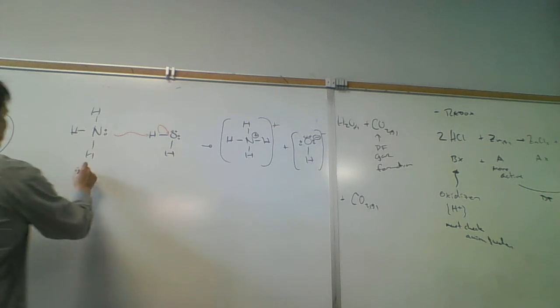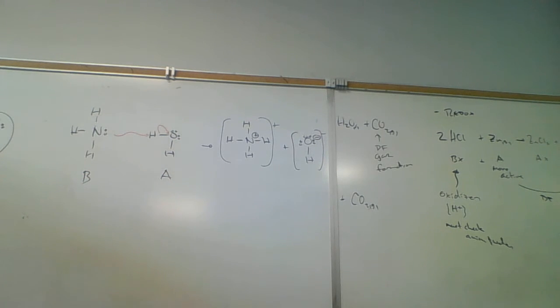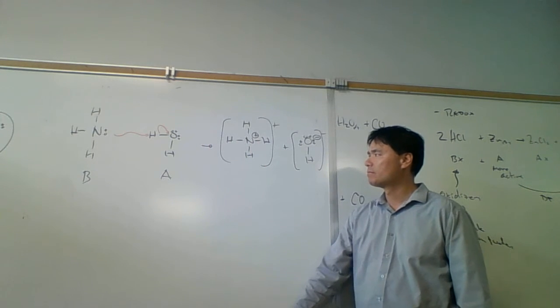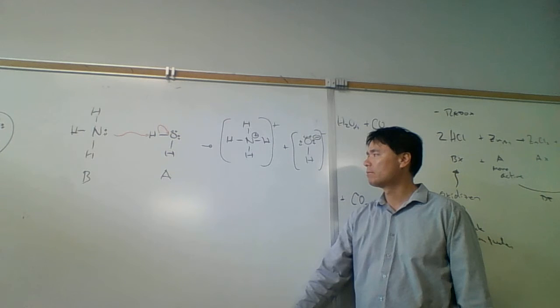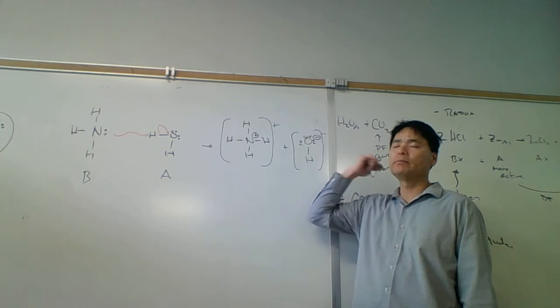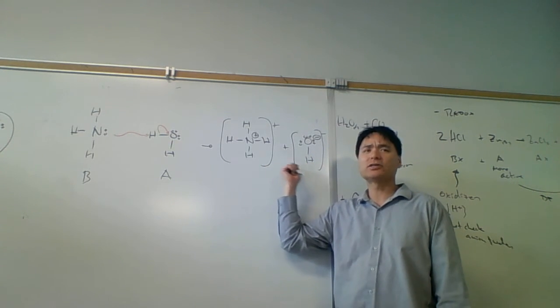All right, so we had our base and our acid. In order to figure out the driving force, we need to know the base and the acid in the reverse direction. So if we go backwards, what is the base and the acid in the reverse direction? There are two ways we could do this. One way is, bases take the hydrogen. So if we go backwards, who's taking the hydrogen?